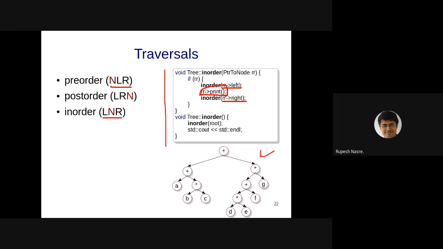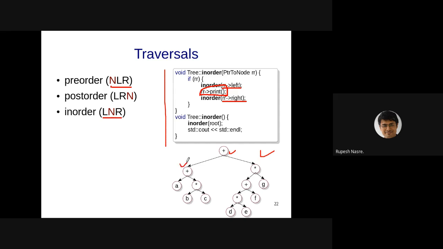So let's answer Shania's question first. Let's understand it in the context of this particular example that we have on the screen. We are going to start with root. Let's say that I push this node to the stack because I can't print it right now. I go to its left child.